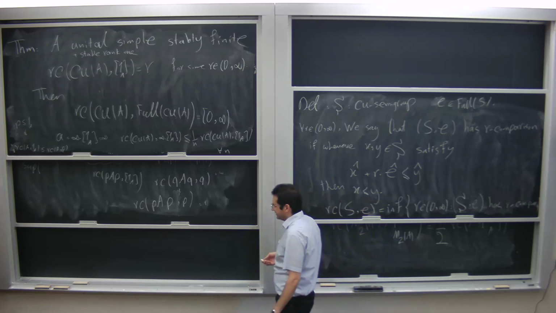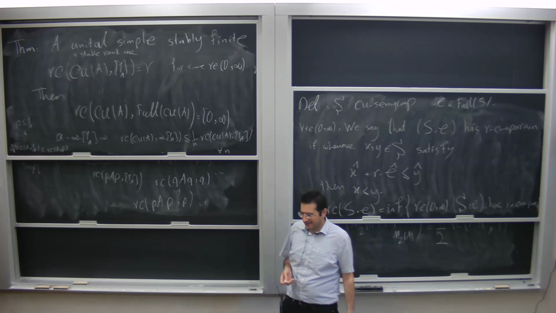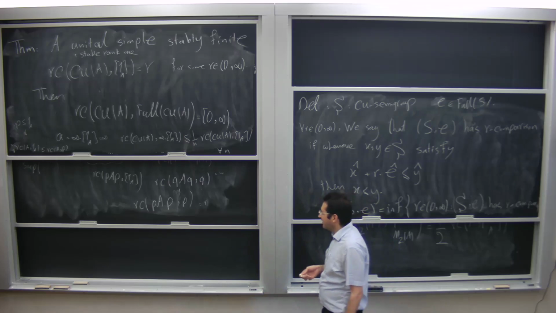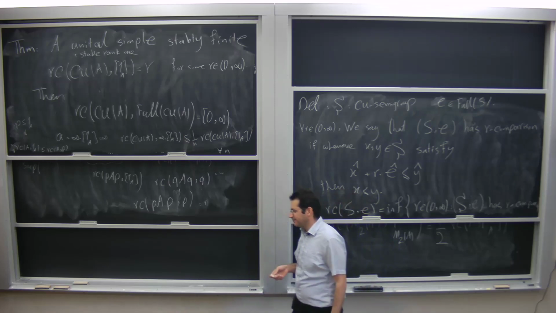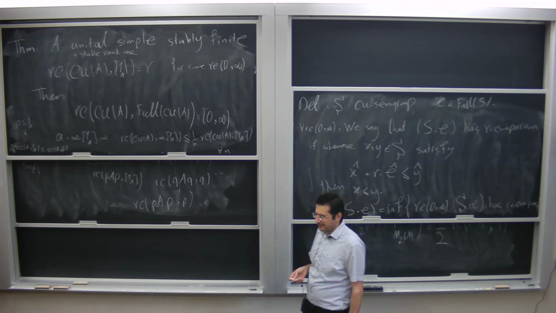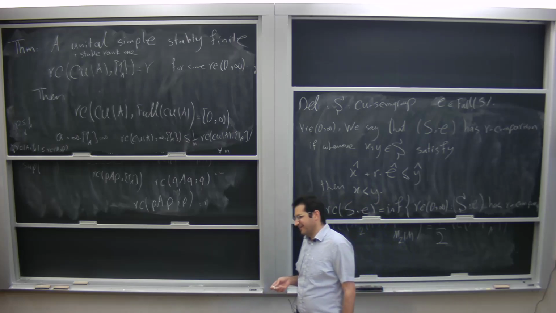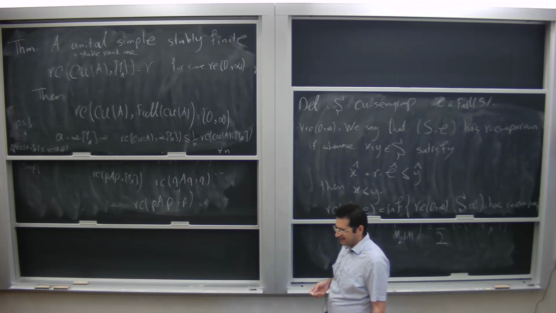You never cut down. You look at the stabilized algebra, and the point is that you look at a fixed projection in the stabilized algebra. Then you look at different projections, and of course the different projections will give you different relative RCs.